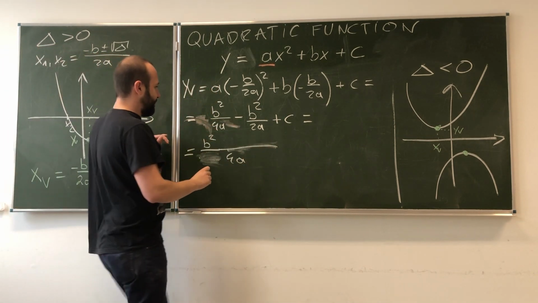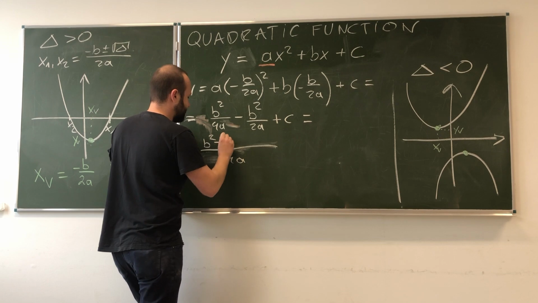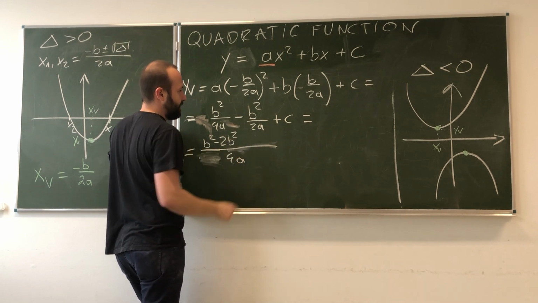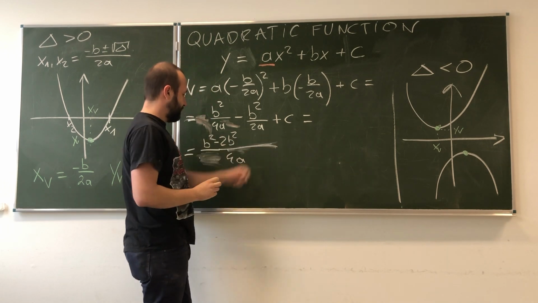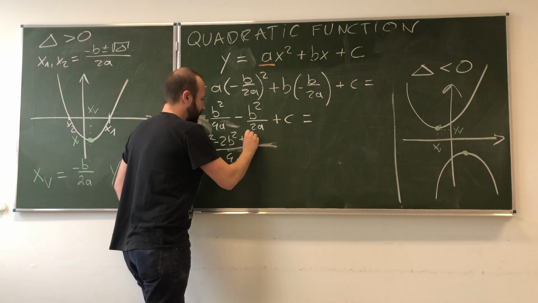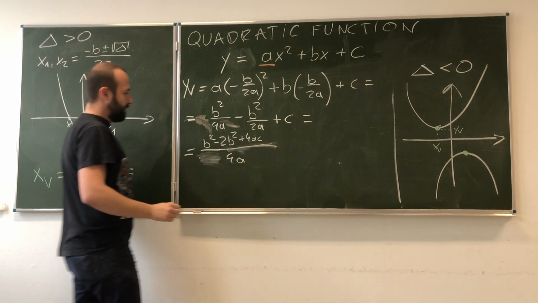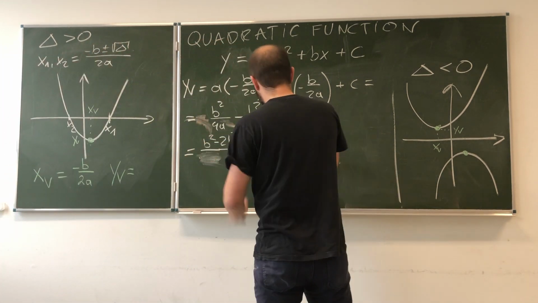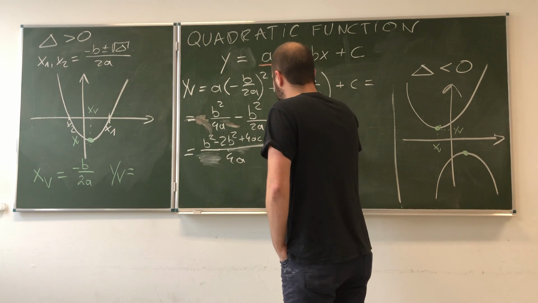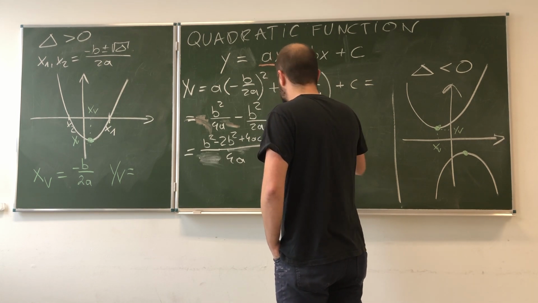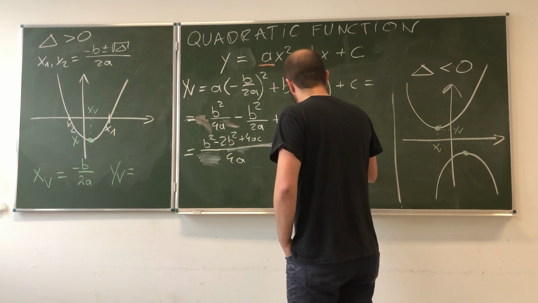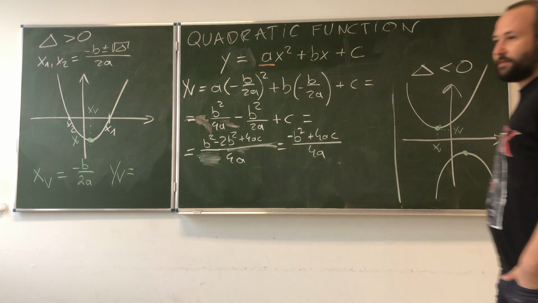So we will have negative 2b squared over 4a, and here, plus 4ac. Okay, and now look. I can calculate this out, and now I'm getting that this is negative b squared plus 4ac over 4a.